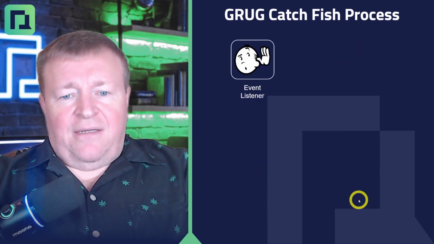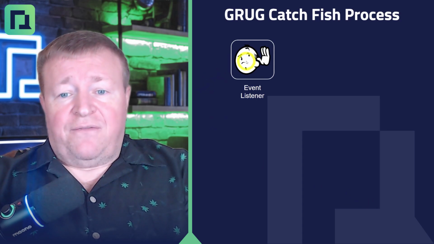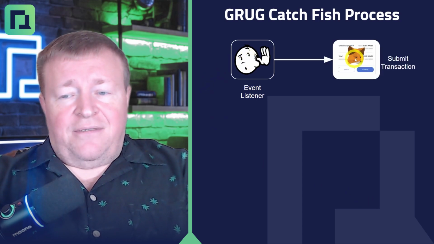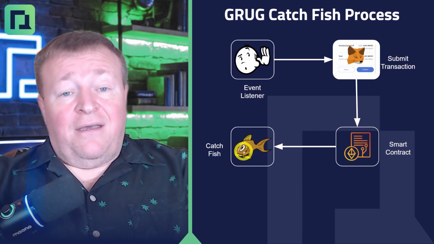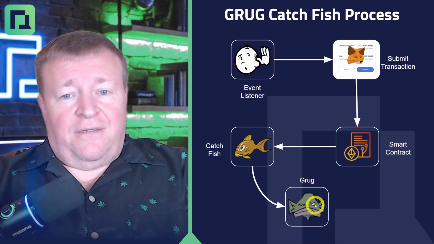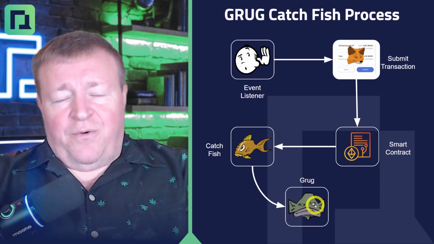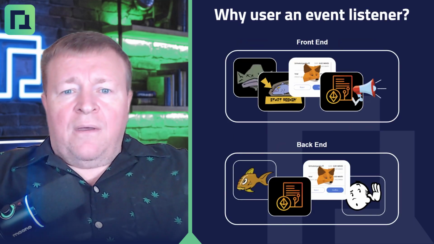Now there's the back end. In the back end, we have a process that's listening for that go fish event. And when it hears it, it submits a transaction to the smart contract and says, hey, catch a fish for Grug. And Grug gets the fish. And so you saw that we caught that silverfish worth 95K. And so this is the actual back-end process.